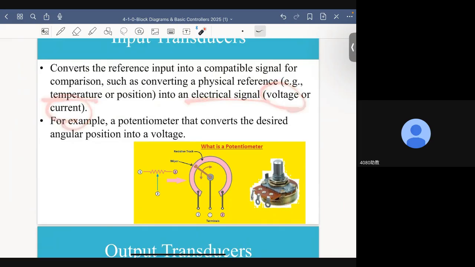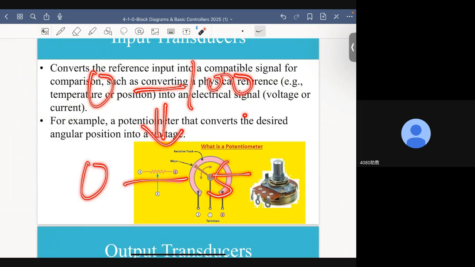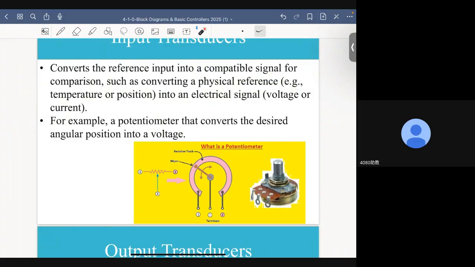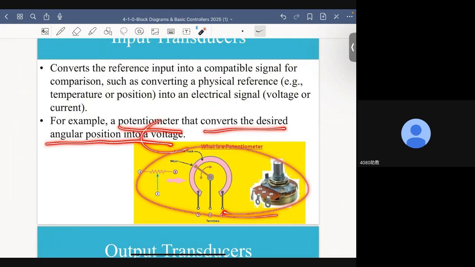For example, temperature ranging from 10 to 100 degrees Celsius is converted to voltage ranging from 0 to 5 volts, because it is the voltage that drives the control hardware. Let me give you another example. A potentiometer, which looks something like this, converts the desired angular position into a voltage.